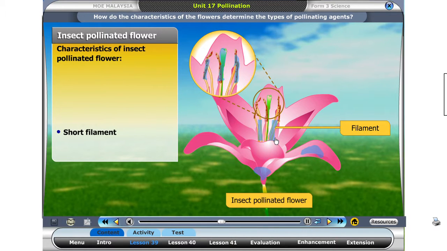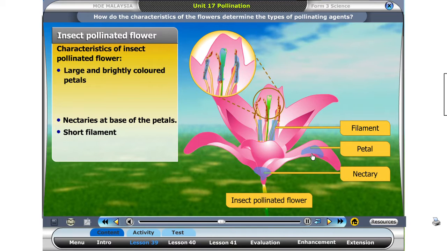The filament is short. There are nectaries at the base of the petals. The petals are large and brightly colored to attract insects.